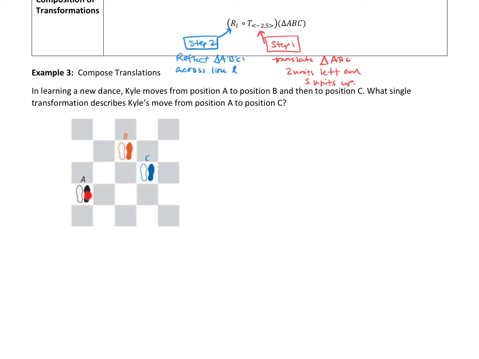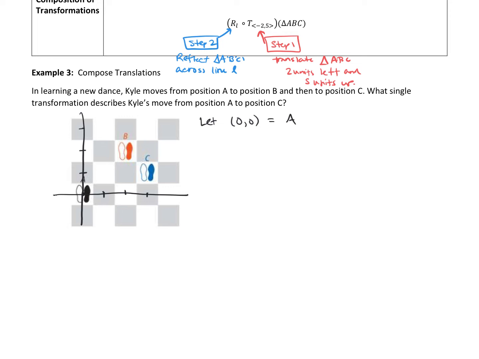Before we even do that, let 0, 0 represent position A. All that does is it allows us to work with a coordinate plane right here. Now that I have a coordinate plane, I can say I can go over or up.